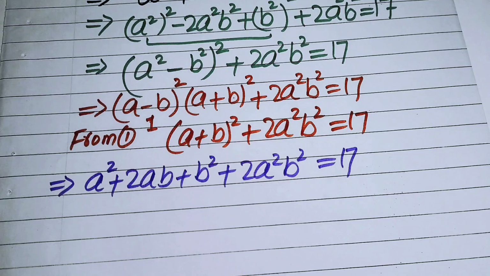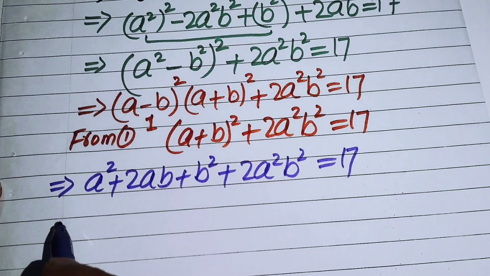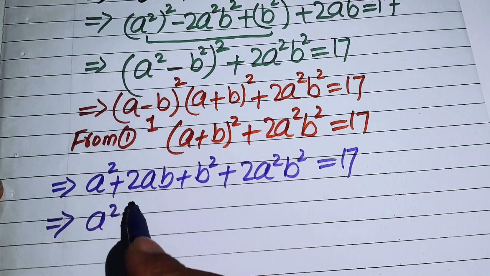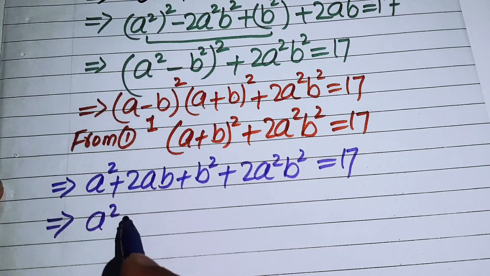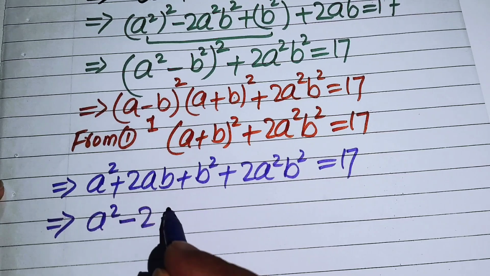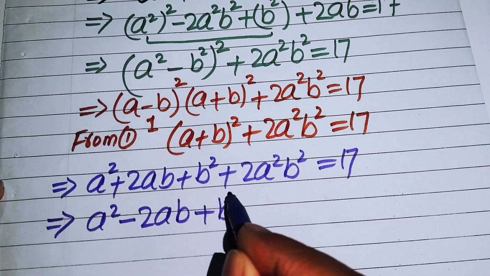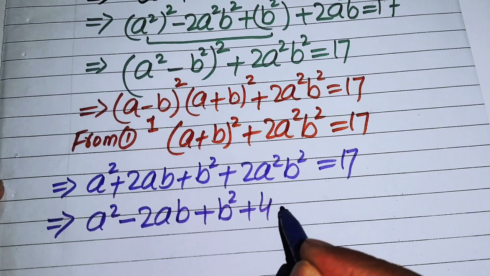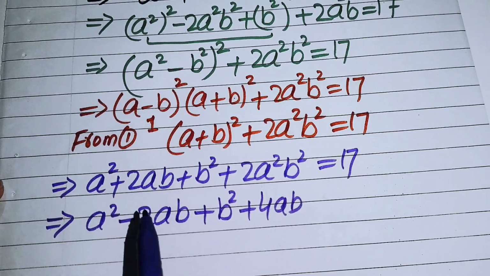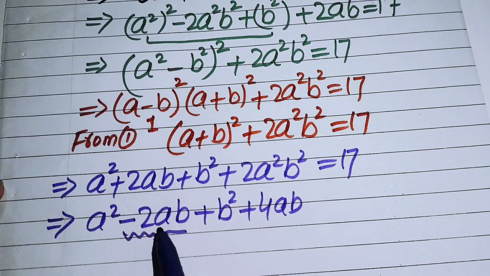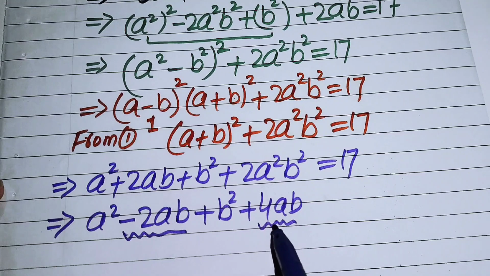And in the next step we will just rewrite this expression as a^2, and here you have plus 2ab, which we will write as minus 2ab, and here you have plus b^2, and we have 4ab. So we can write this plus 2ab as minus 2ab plus 4ab.